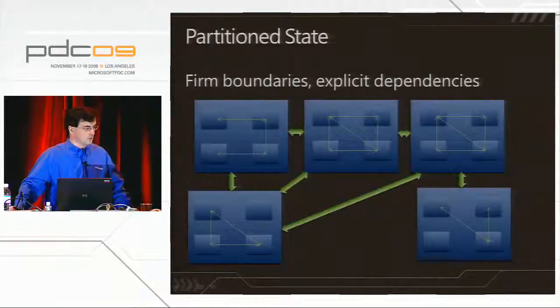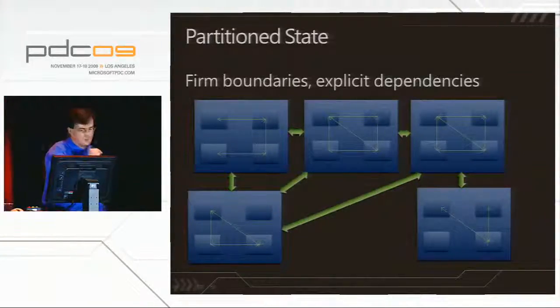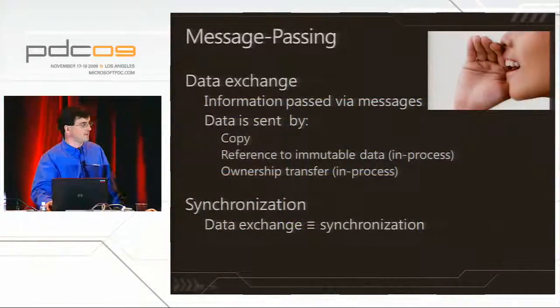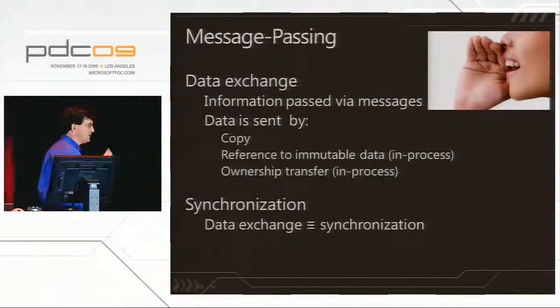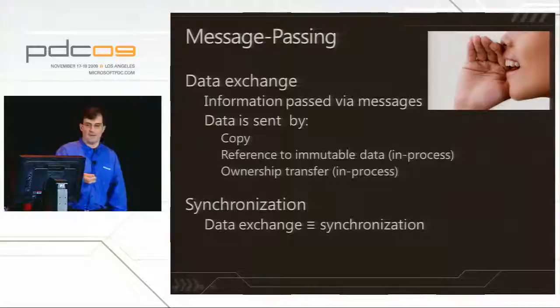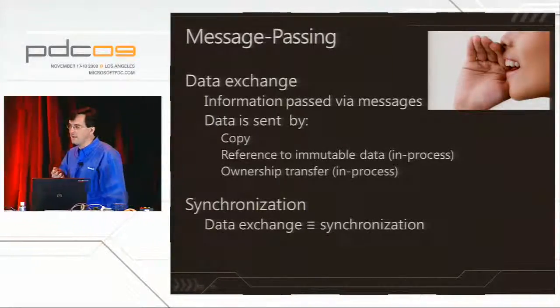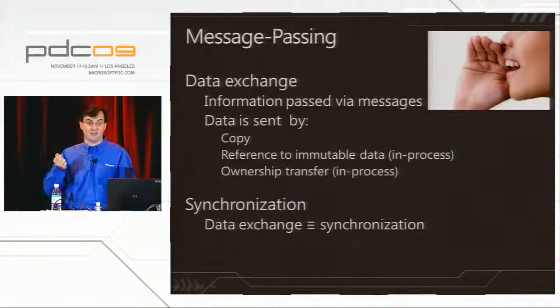So the solution here between components is to use message passing. And message passing is essentially a form of saying, I'm going to exchange data in very well-defined, explicit patterns. I'm going to either copy my data. I'm going to only send immutable data.